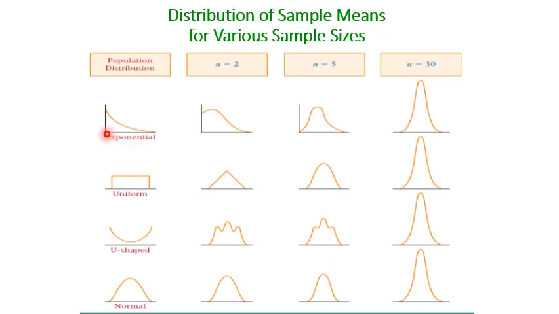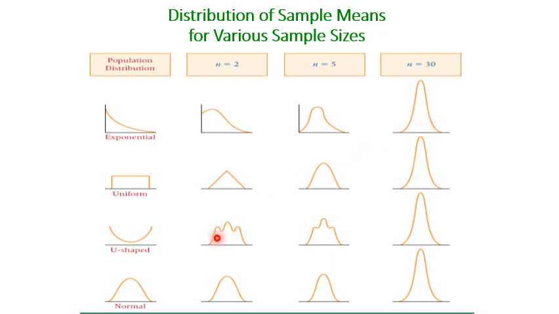The exponential distribution takes this shape. In this case, if we are selecting small samples from the population, like samples of size 2 or size 5, it's clear that the shape of the sampling distribution of x bar is not normal. However, if we select large samples like samples of size 30, then it's clear that the shape of the distribution will look like a normal distribution. This is what the central limit theorem states.